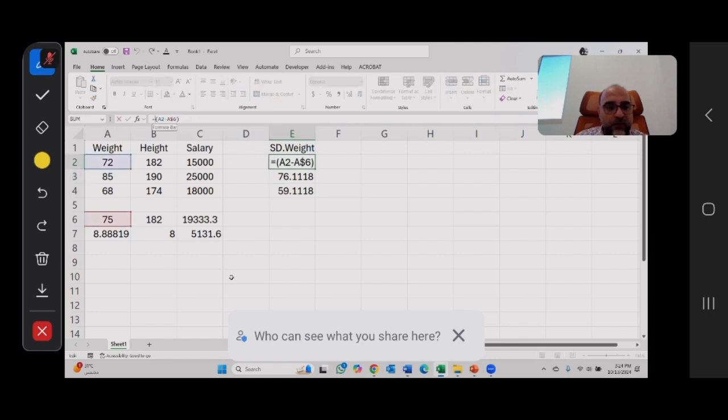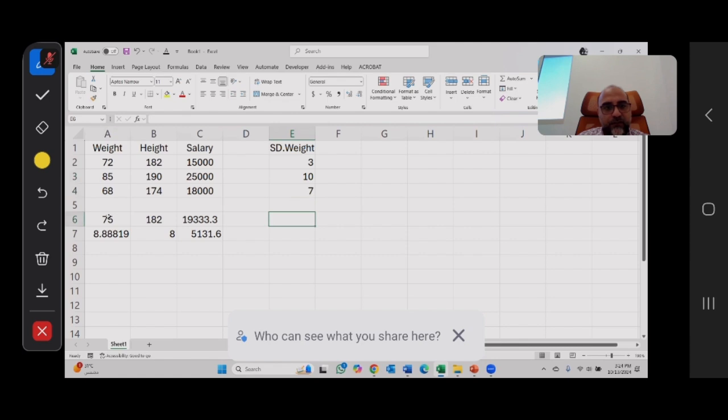But this time you have to remember to take the absolute difference, not the actual. Again, the absolute difference between the weight and its average.